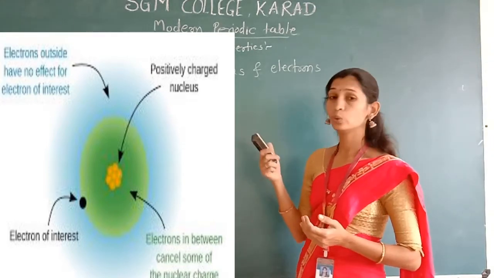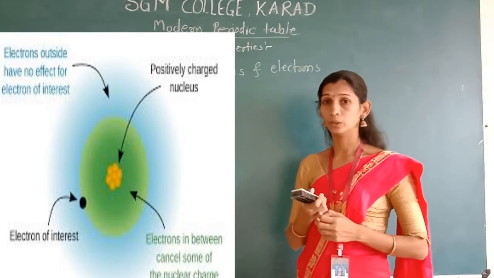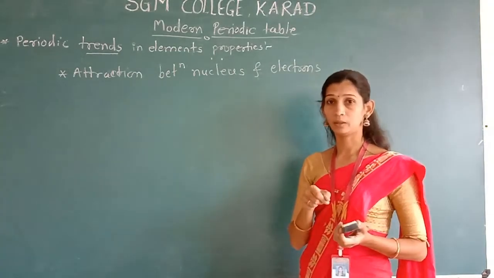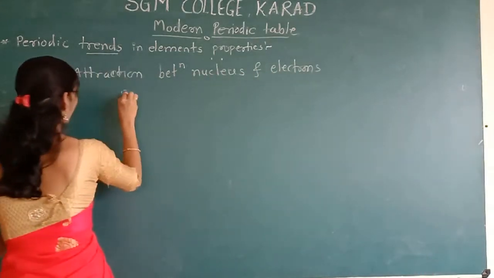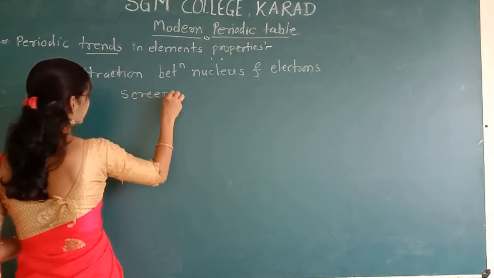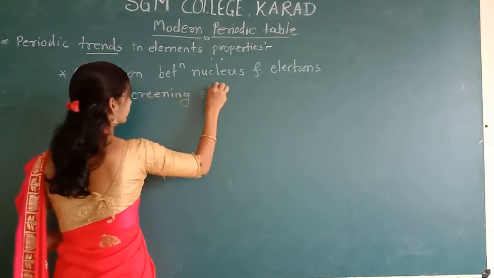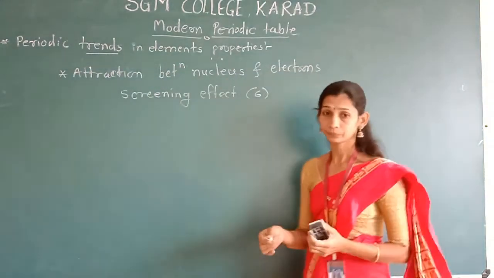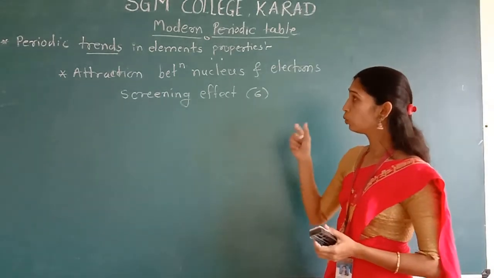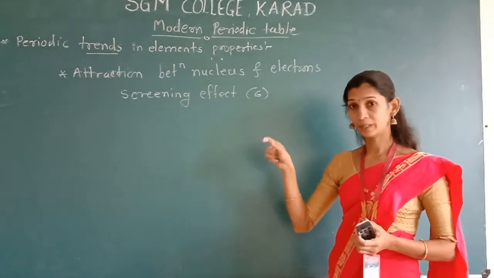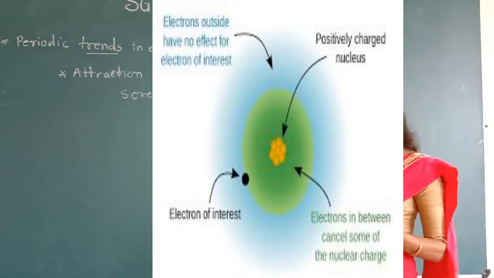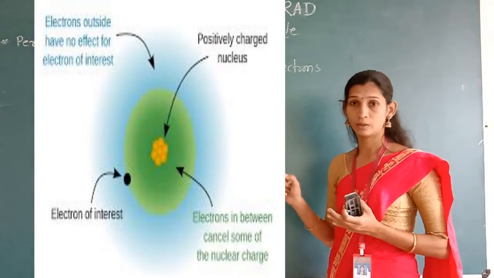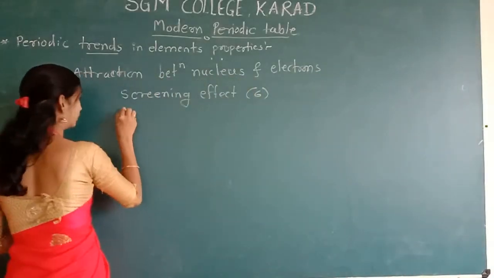It is our nuclear charge or nuclear pull. In this we understand that the screening effect is denoted by sigma. The nuclear charge present in the nucleus is denoted by Z or Z plus.